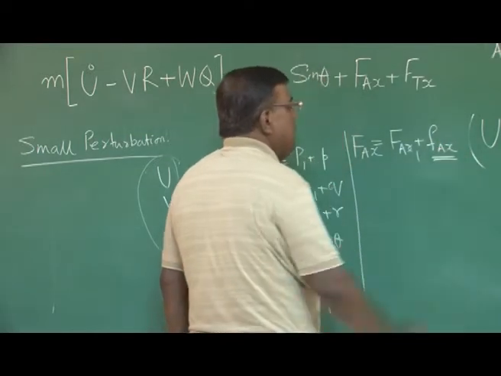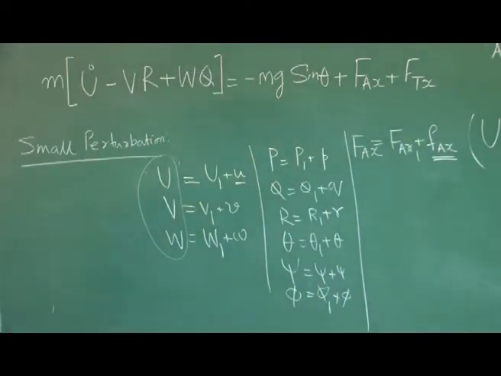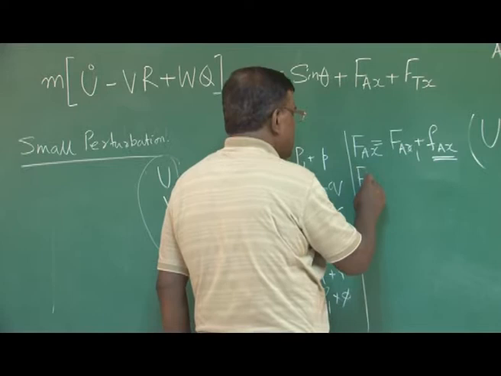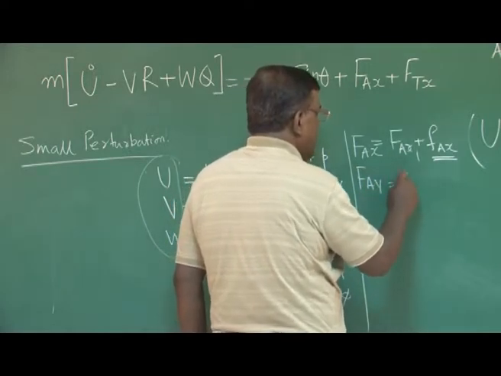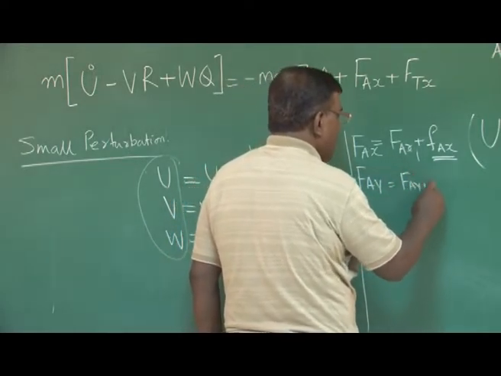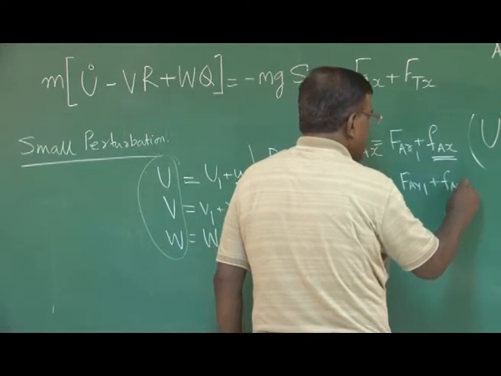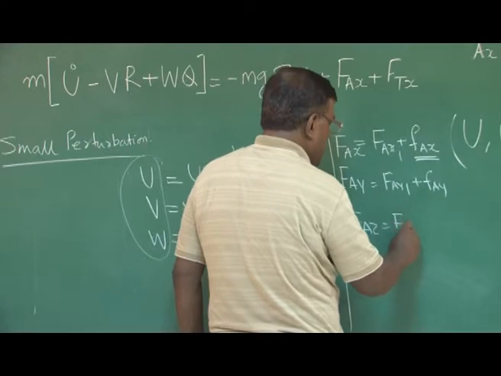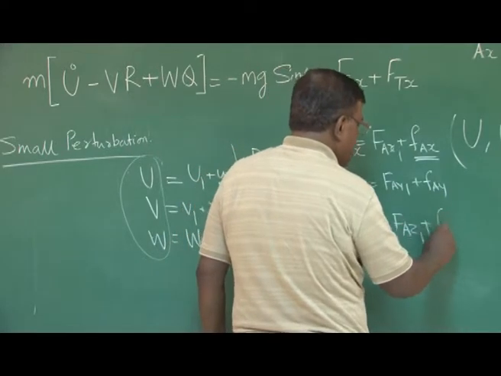So, this is the perturbed aerodynamic force along the x direction, and F ax1 is the steady state. Similarly, F ay I will write as F ay1 plus F ay, F az as F az1 plus F az.